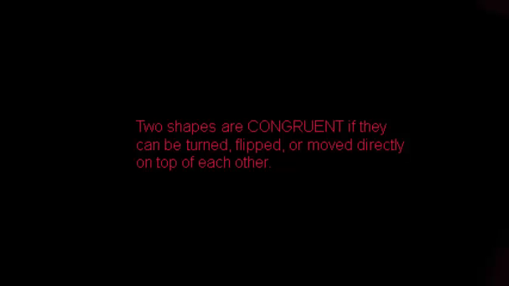So for the generalized formal definition of congruency, we can say that two shapes are congruent if they can be turned, flipped, or moved directly on top of each other.